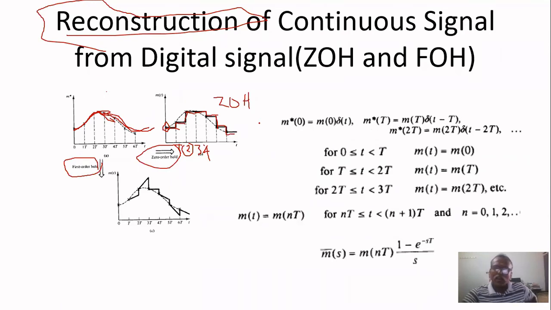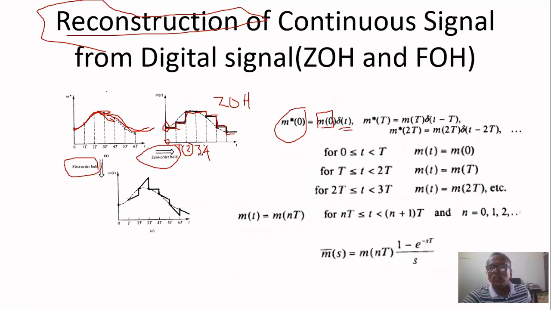On the other hand, how to represent the zero order hold mathematically? What is m of 0? M of 0 means when n equal to 0, we got the constant m of 0 multiplied by delta of t. That's all. Then what is m star of t?